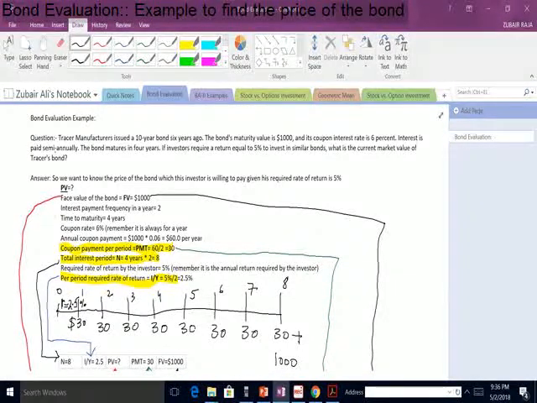So for that, it is always better to set up this timeline. Can you see this? Remember, the interest is being paid twice a year. So because the interest is being paid twice a year, we need to convert the 4 years, which is the remaining period till the maturity of this bond, into periods. There are 8 six-month periods in 4 years.